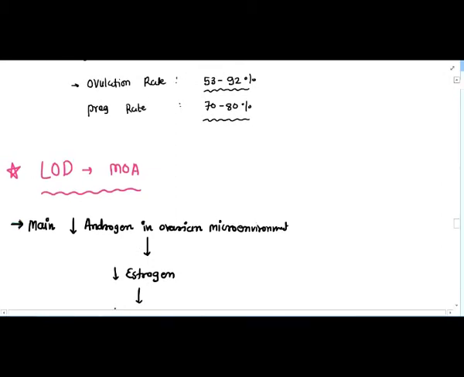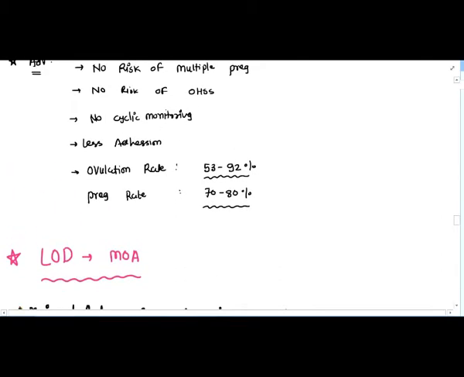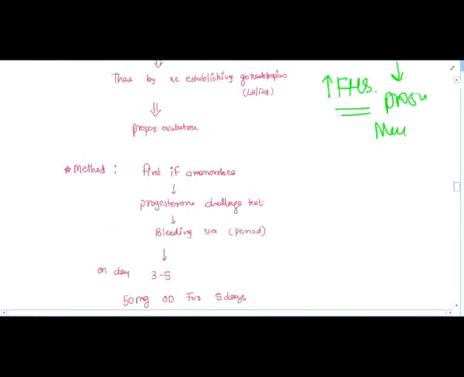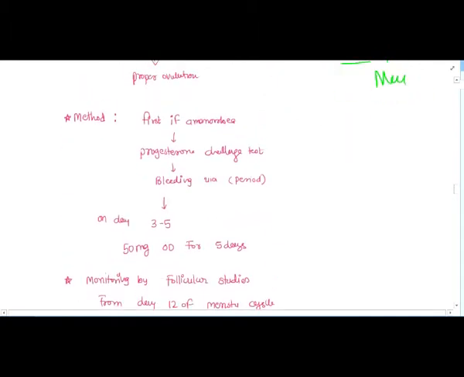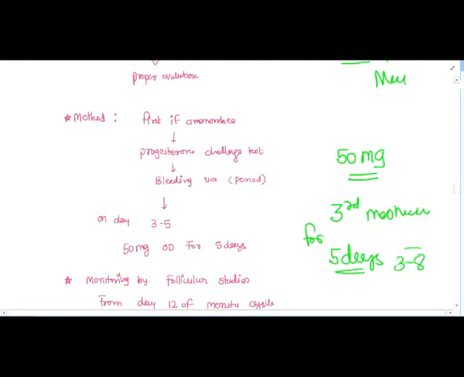Now, how do we use clomiphene citrate? We have to prescribe clomiphene citrate oral tablets of 50 mg starting from the third day of the menstrual cycle for 5 days, which means days 3 to 7 of the menstrual cycle.